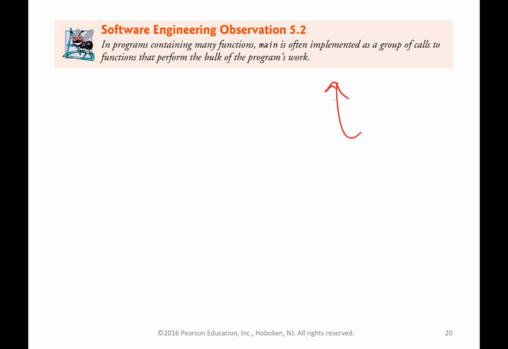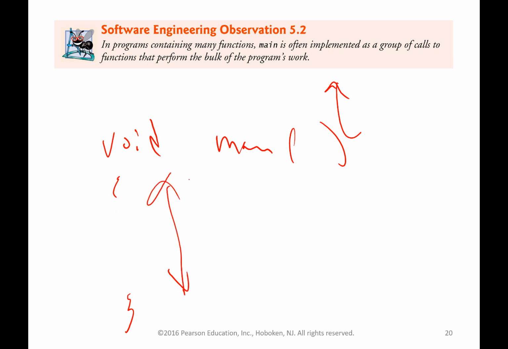Now there may be pages of function headers before you get to main, and there may be all kinds of other stuff. But once you have void main, between here and here, this should never be more than a page, roughly.